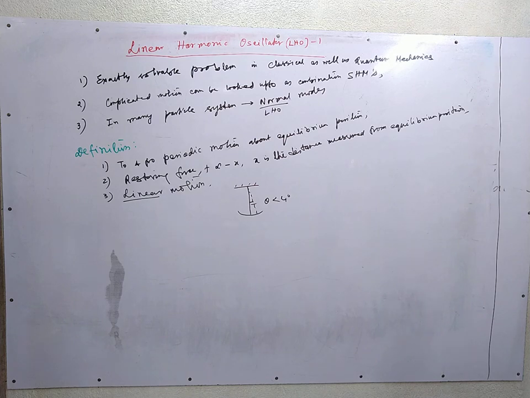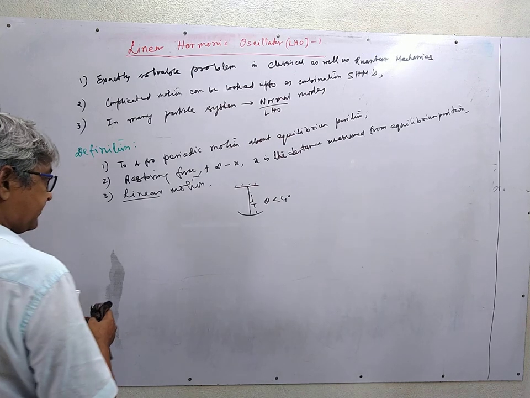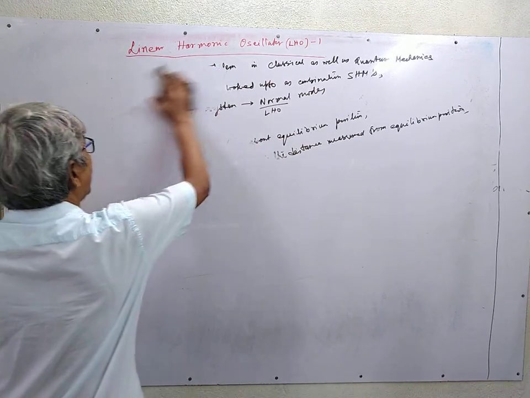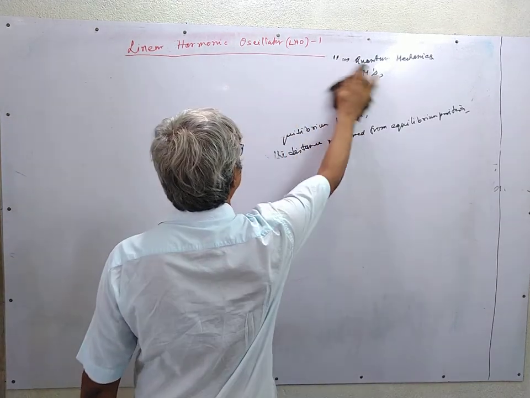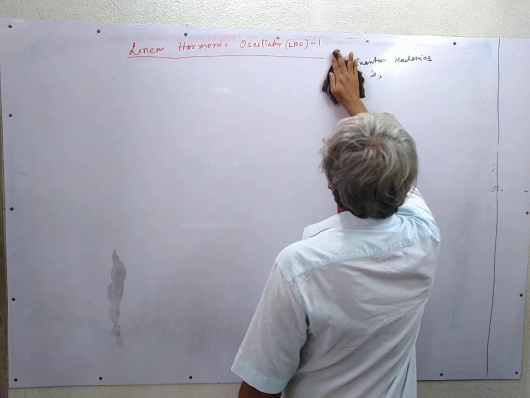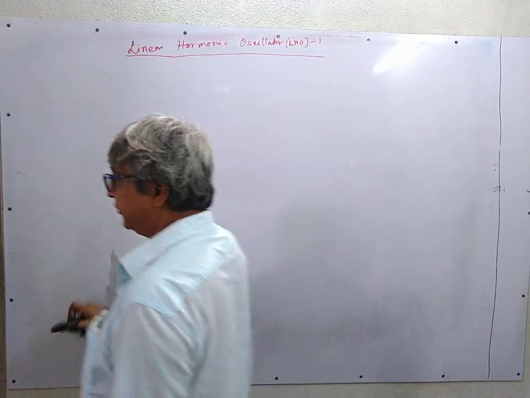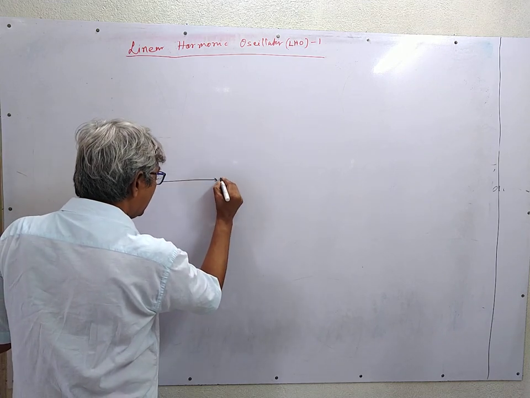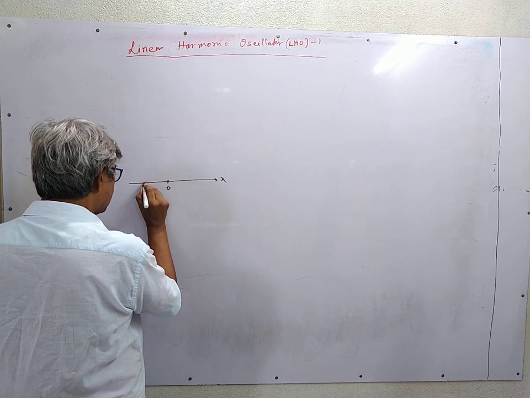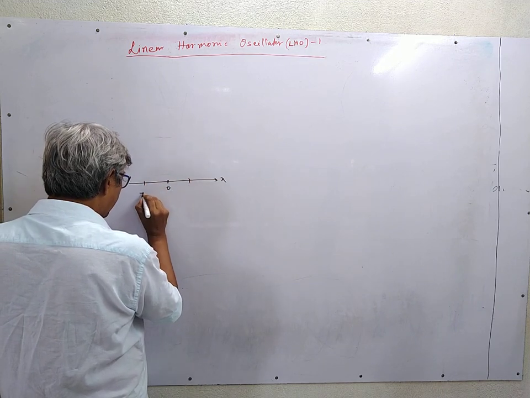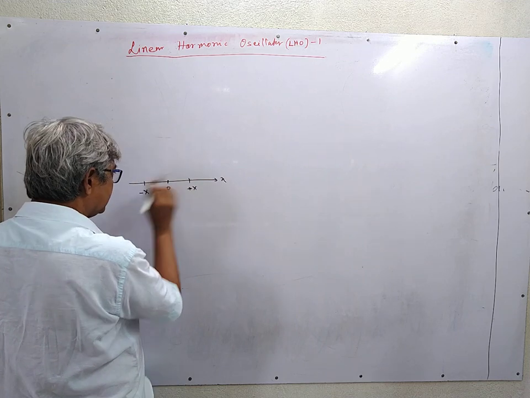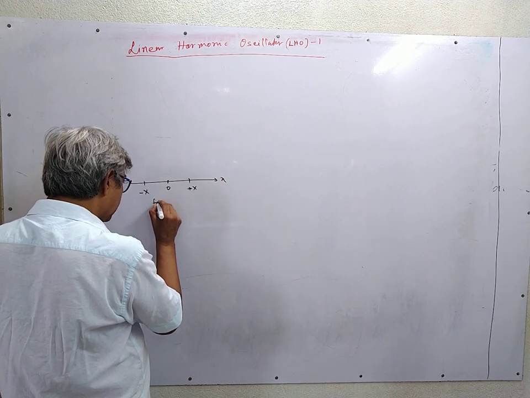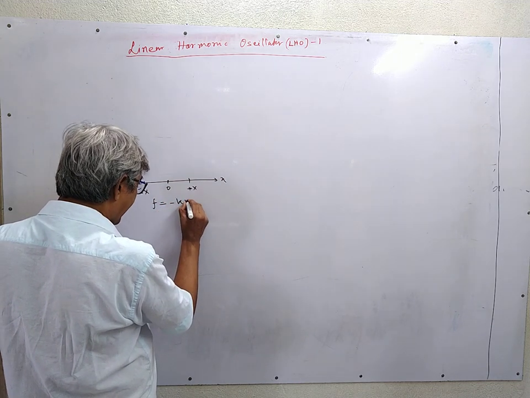Now I come to the classical description of linear harmonic oscillator. A linear harmonic oscillator in classical mechanics is described as the motion of a particle confined between 2 points. If we consider this is the x-axis, then this is the 0 of the x-axis, and particle moves between minus x to plus x. It oscillates between this, and the restoring force that acts on the particle is F equal to minus kx.